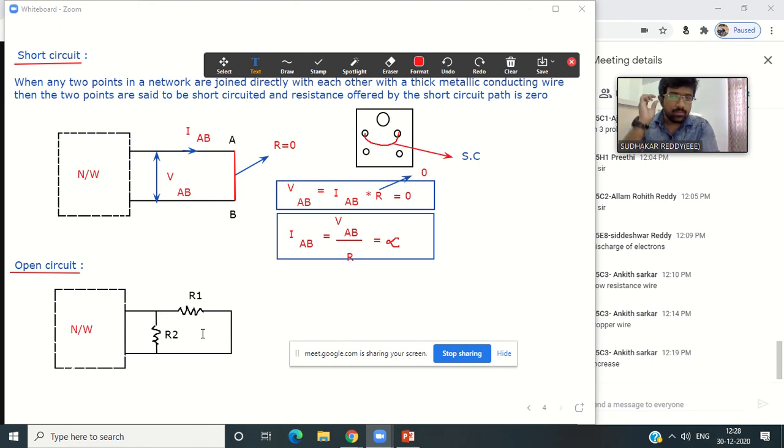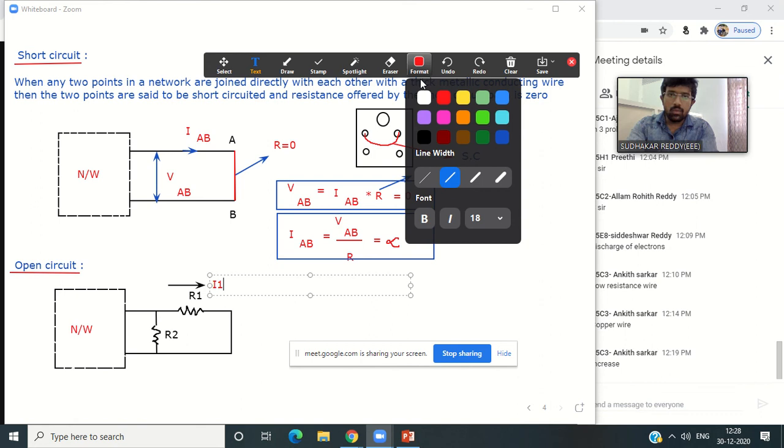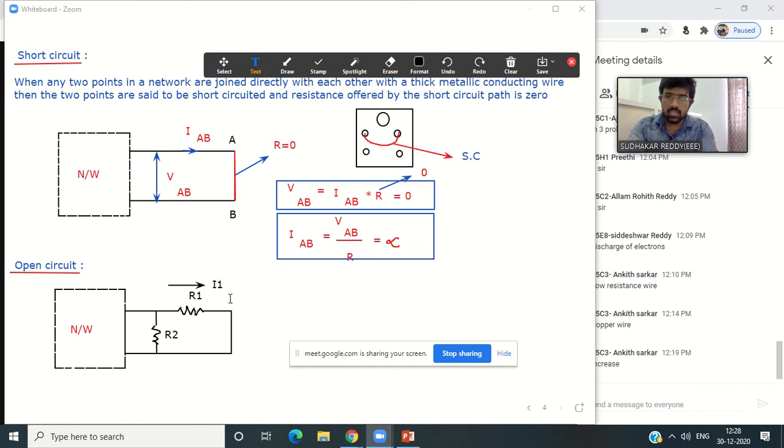So this is my network, and I consider the current passing through R1 as I1. Now consider this terminal as A and this terminal as B.